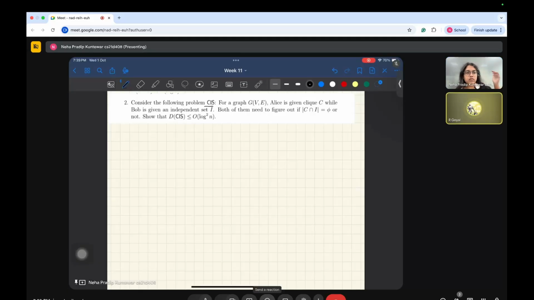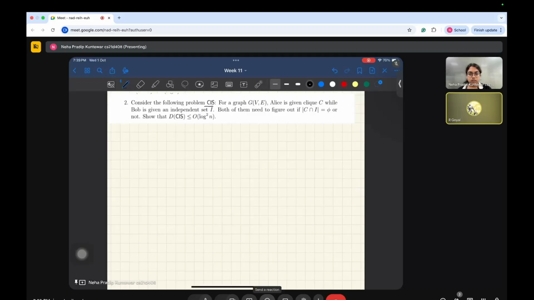For a graph, Alice is given a clique C, while Bob is given an independent set I. Both of them need to figure out if the intersection of C and I is equal to phi or not.